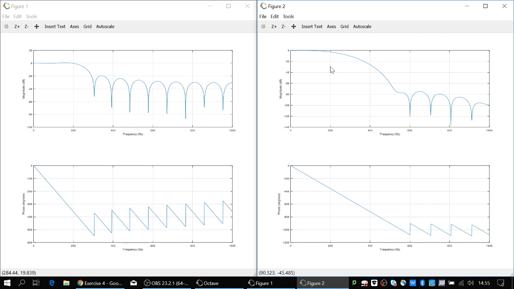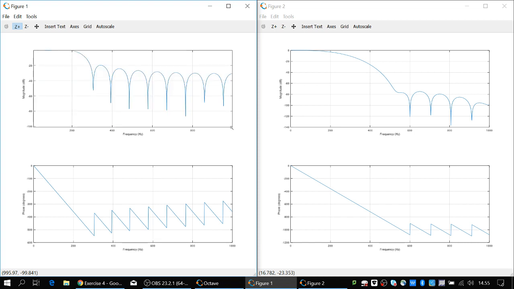So that's what happens. Maybe I should actually zoom this a little bit. Zoom that one too, so to have them about on the same scale.